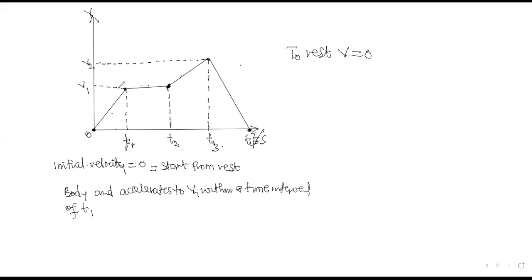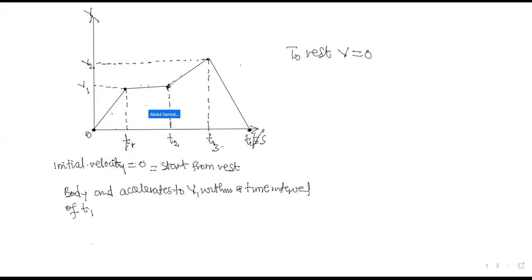Here is an acceleration because it's a positive slope. And as I said earlier, when the slope is positive, it's an acceleration. Here, the slope is 0. So the body's velocity is uniform or constant. Between T2 to T3, the body accelerates again.